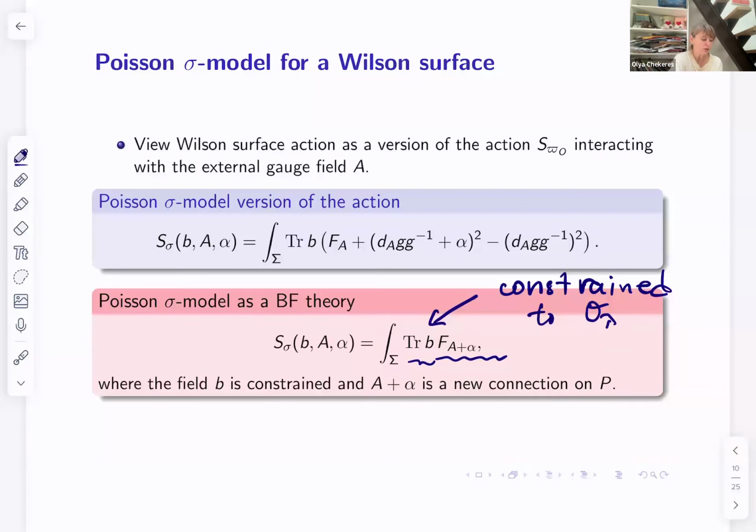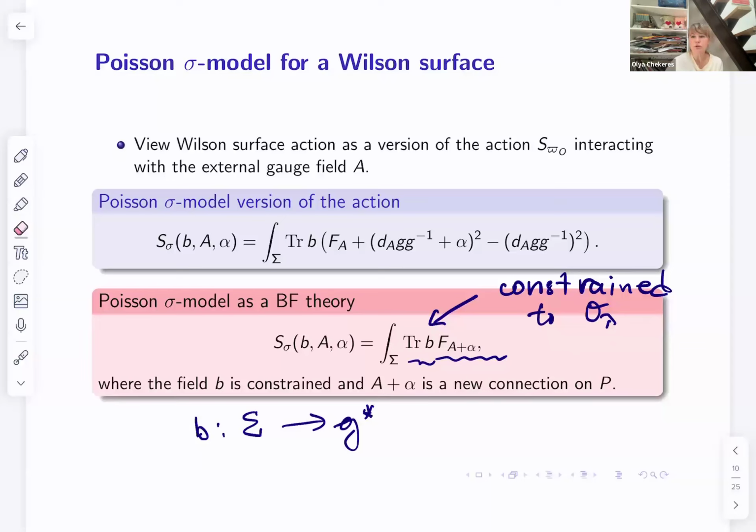In a usual BF theory, it can be defined for any dimension, and sigma is the manifold where it is defined. In this case, it is two-dimensional. In the usual case, B takes values in the entire dual Lie algebra.